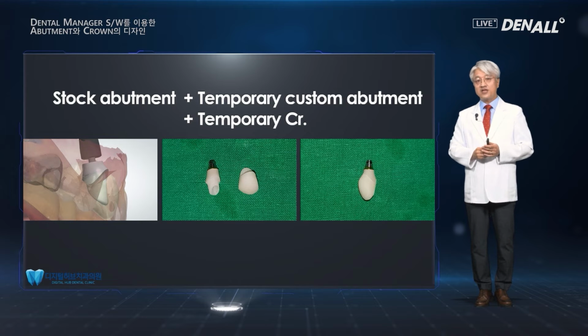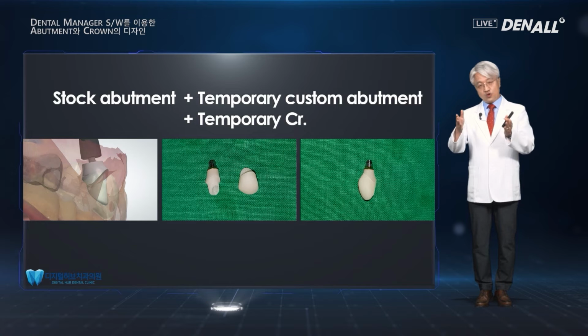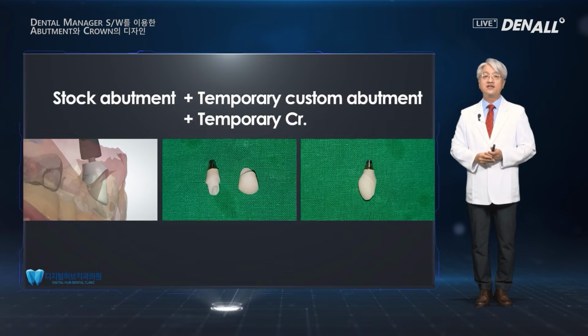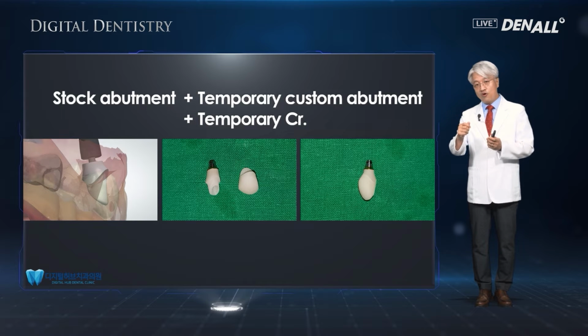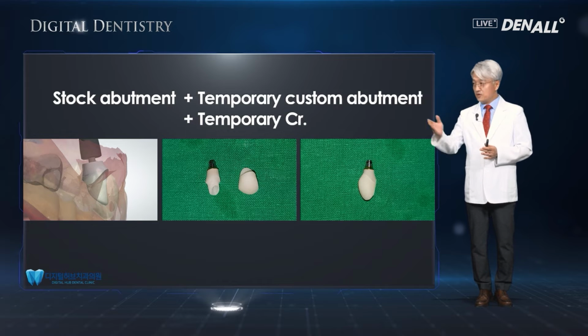The stock abutment and temporary crown differ from the previous one. A more precise emergence profile can be made to mold the gingiva with this approach.